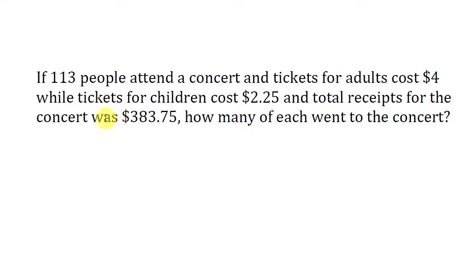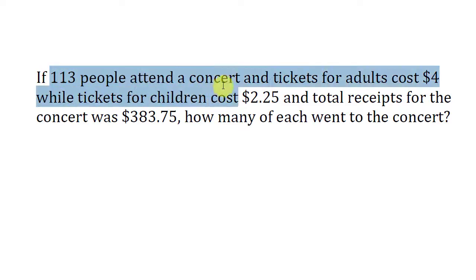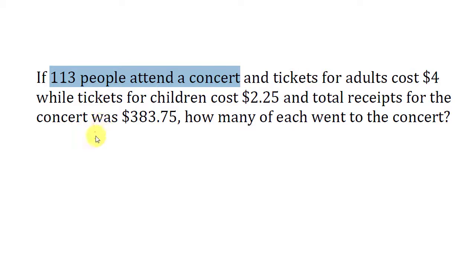Now if we look back more carefully at our very beginning statement, it says 113 people attend a concert. Immediately we must understand that these 113 people include children and, of course, adults.